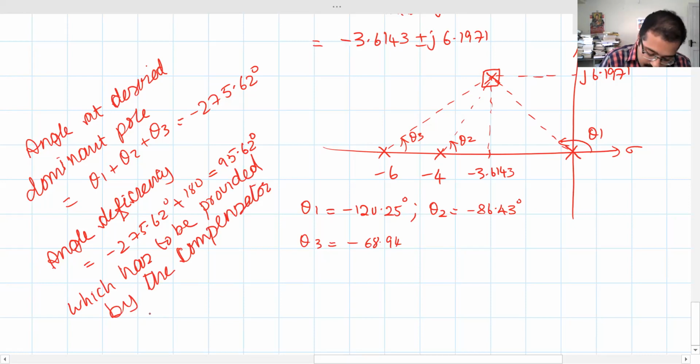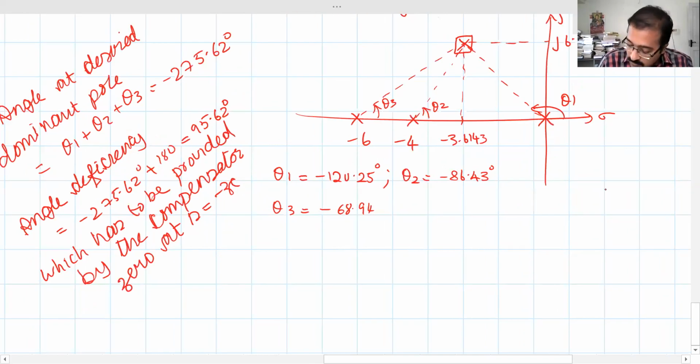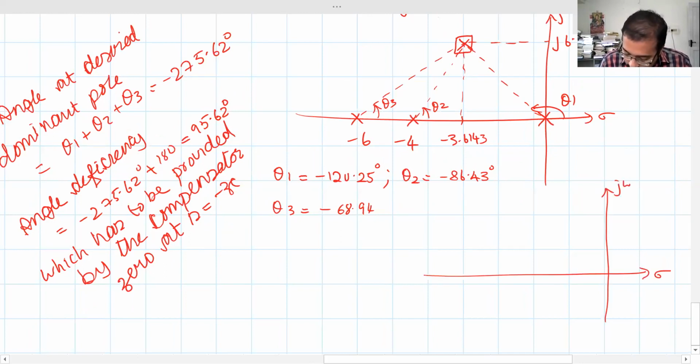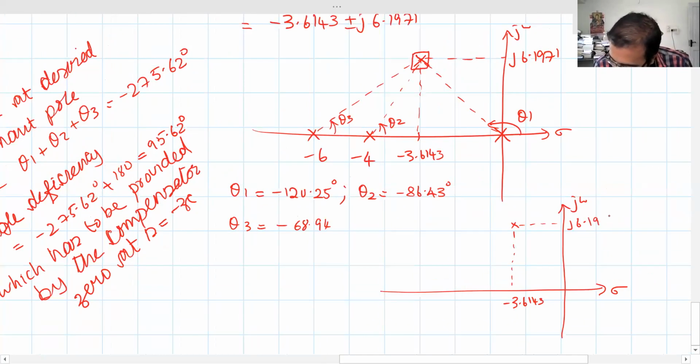So by the compensator zero at s equals minus zc, that means here is our dominant pole, the desired dominant pole, around minus 3.6143 plus j6.1971. So an extra angle of 95.62 must be provided by the compensator zero.